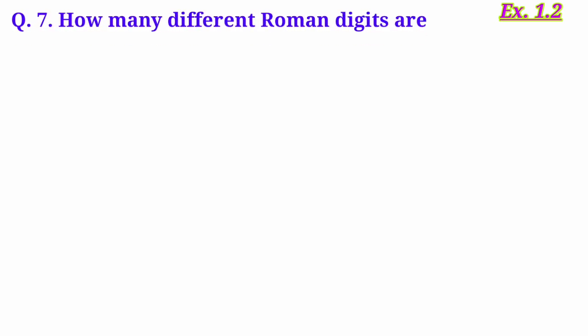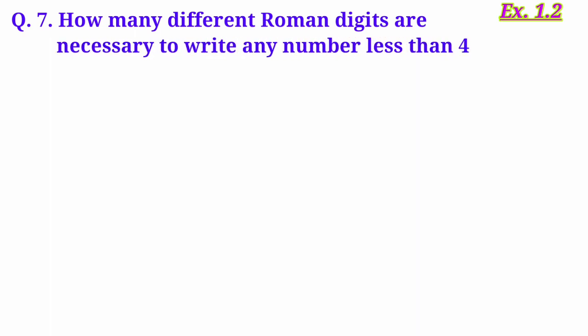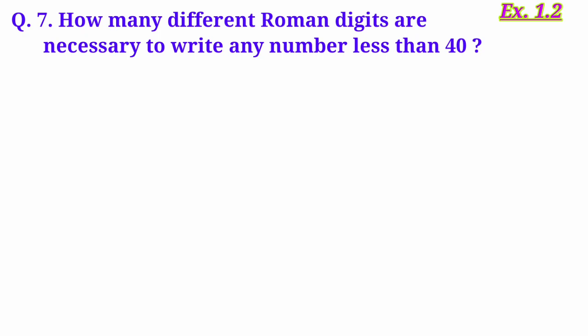Next is question number 7. Question number 7 is, how many different Roman digits are necessary to write any number less than 40? So any number less than 40, how many digits will you get? Less than 40, we are getting I, V, X. Only 3 digits we need.